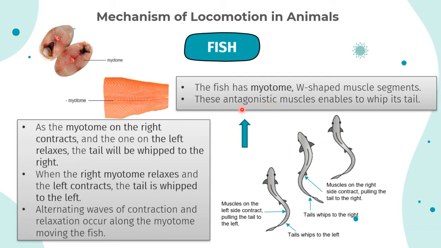Now let's go to the explanation here. As the myotome on the right contracts and the one on the left relaxes, the tail will be whipped to the right. Let's go to the diagram here.